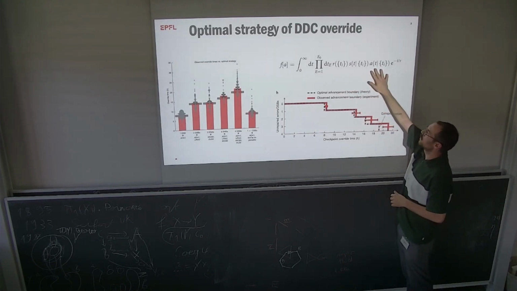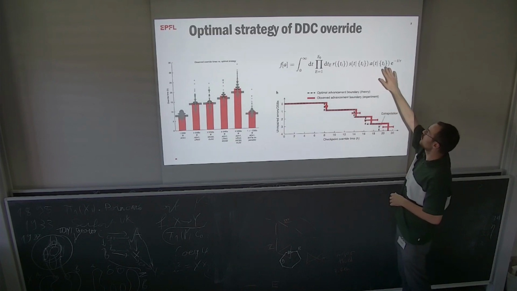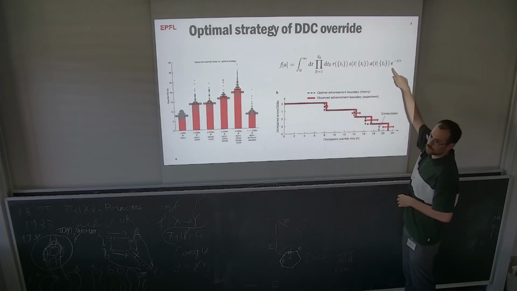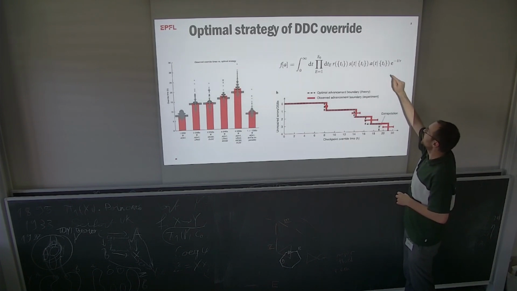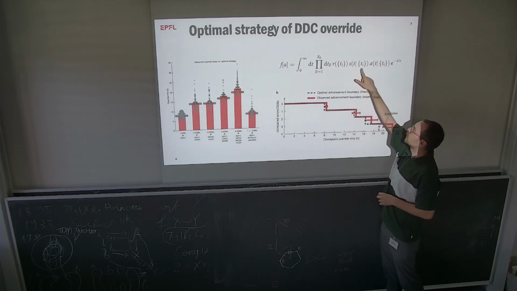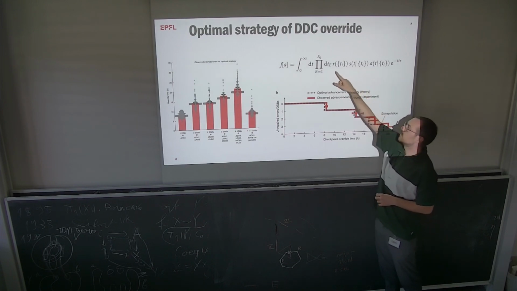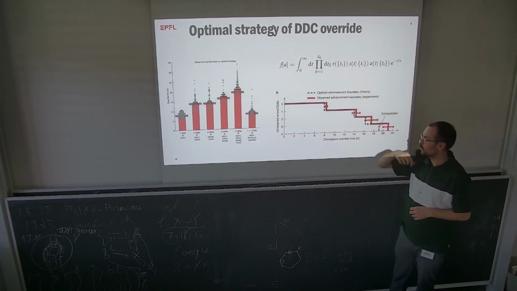So A is just the override strategy. This factor is just the waiting penalty, and then there's the survival probability and the repair probability.